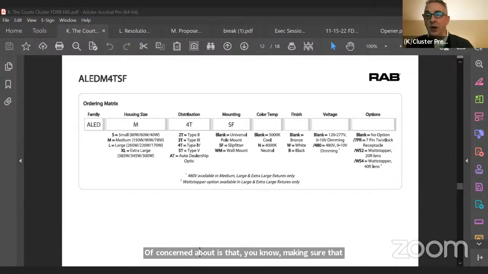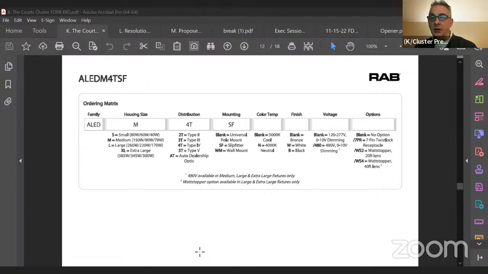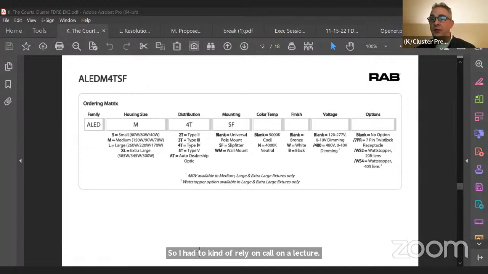Yeah, if you think 4,000 is more common, I asked RAB when we first started this up what people normally install, and didn't get a lot of feedback. So I had to rely on Kolb Electric, what they said. But if you say that 4,000 is typically what people would want for a typical Reston parking lot, then that would be fine.